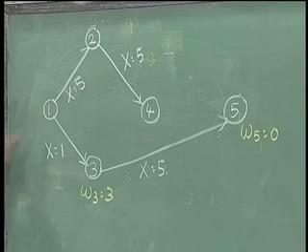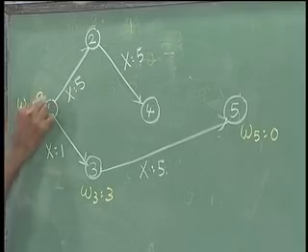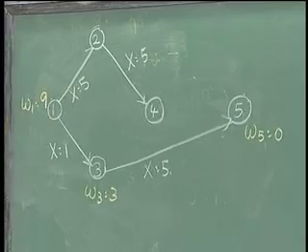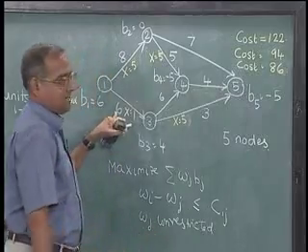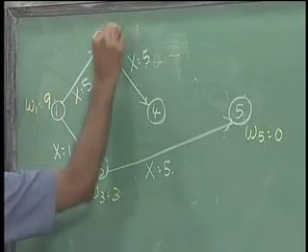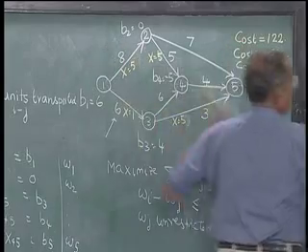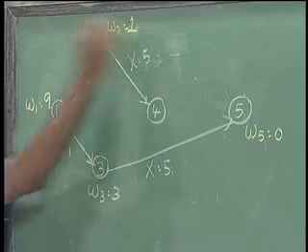Now, from here Wi minus Wj is equal to Cij. Cij is 6. So, you get W1 is equal to 9. 9 minus 3 equals 6. Now, to compute W2, W2 is computed such that W1 minus W2 is equal to 8. So, W2 will be 1.